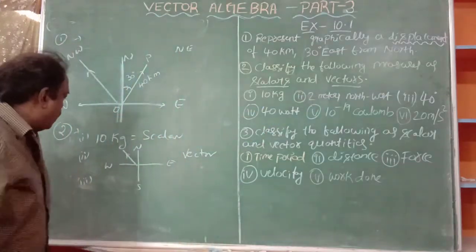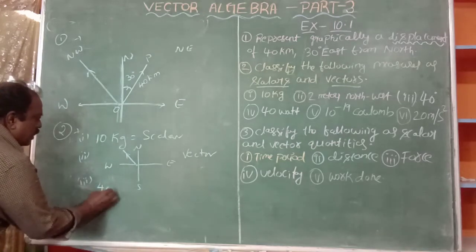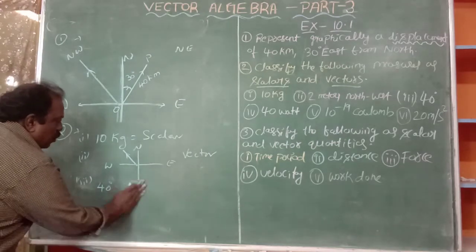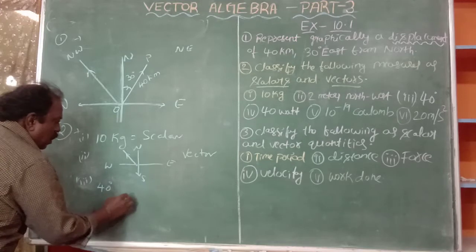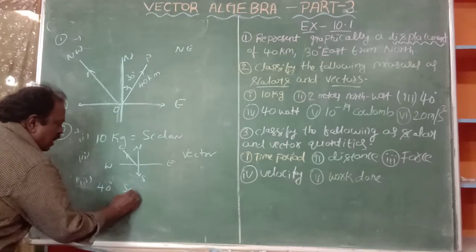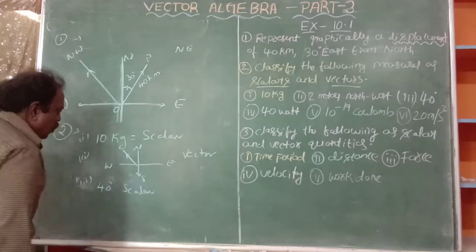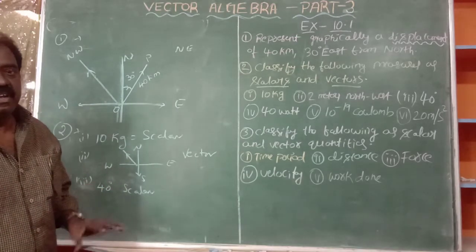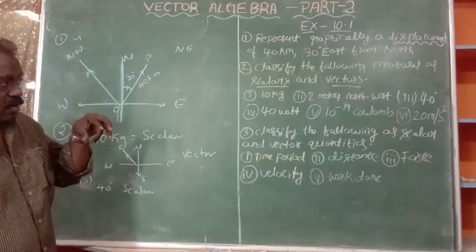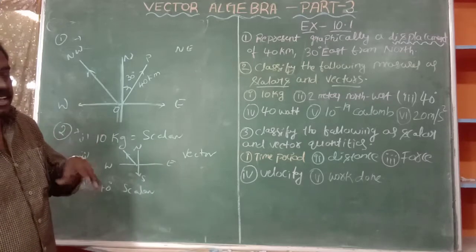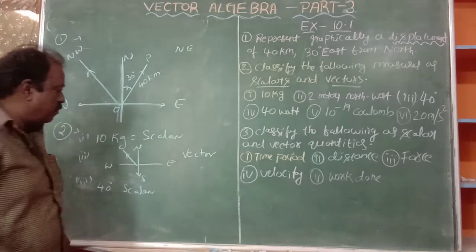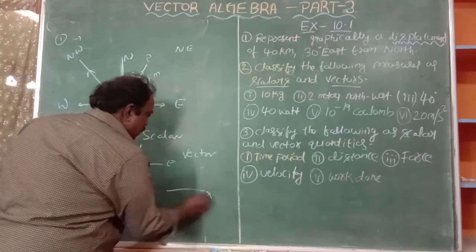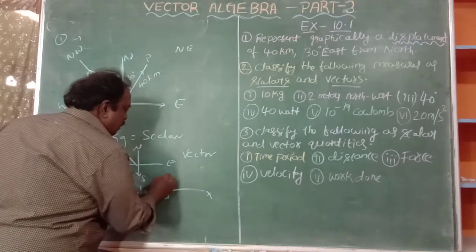Third one, simply 40 degrees is given. 40 degrees means it is a scalar. Why? Because we are given only that one measurement, degrees. Suppose the x-axis is the horizon and there is the y-axis.